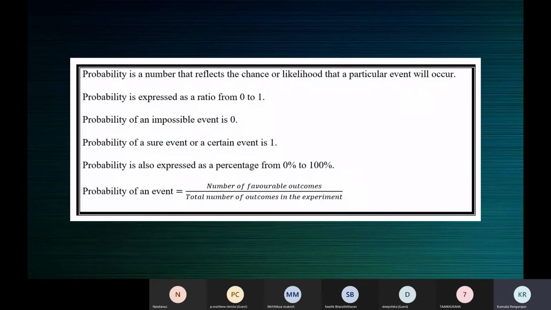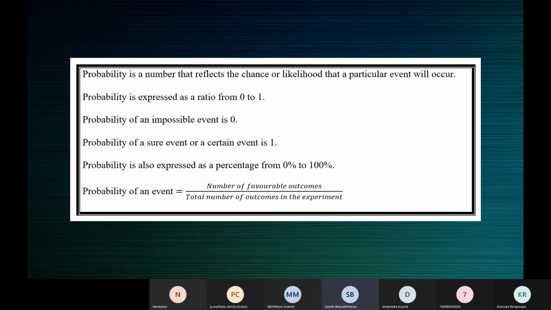You can get 1, 2, 3, 4, 5 or 6. You cannot even get 7. So it's an impossible event. When you roll a die, getting a number greater than 6 is an impossible event, which means the probability is 0.